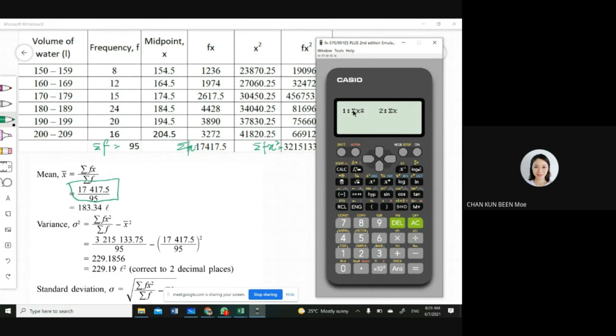You can see Σx² and also Σx over here. Sigma is the total value of x and total value of x squared. Now we are going to get the total value of x over here. So I'm going to press 2, and you press equal. So we will get the total value of the frequency multiplied with the midpoint like this.